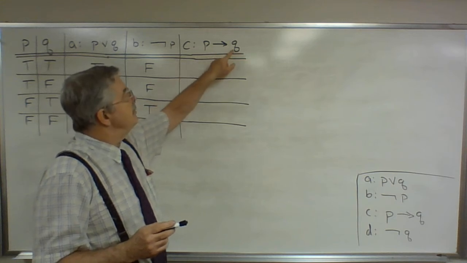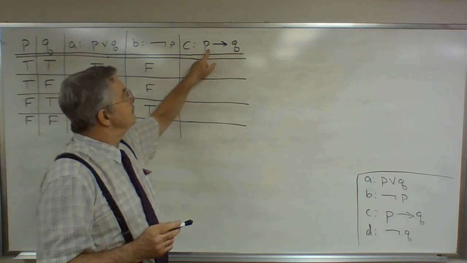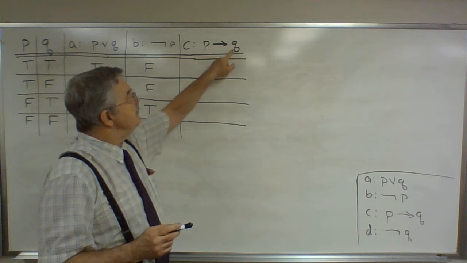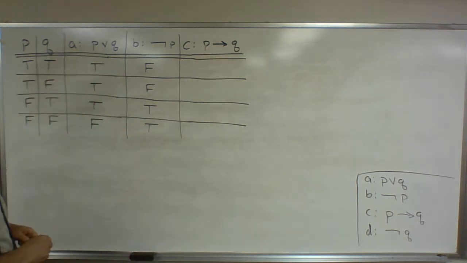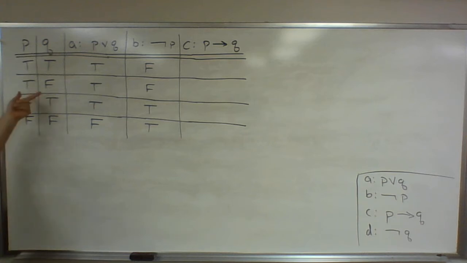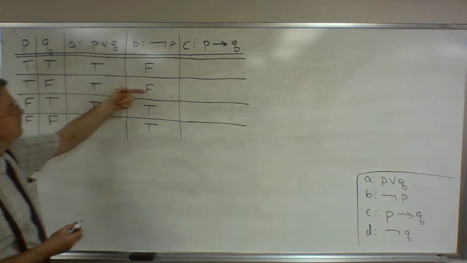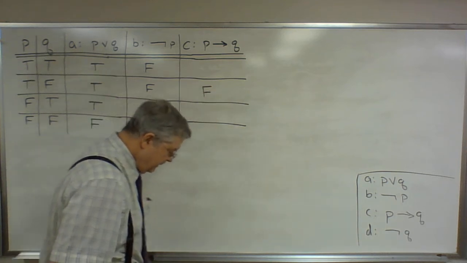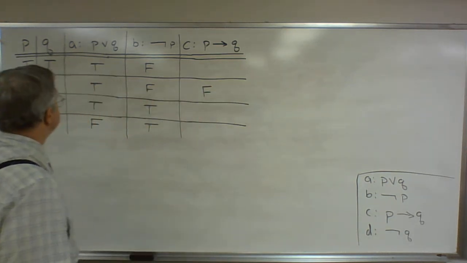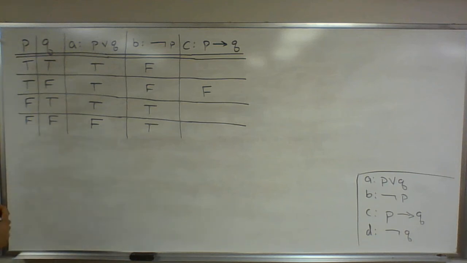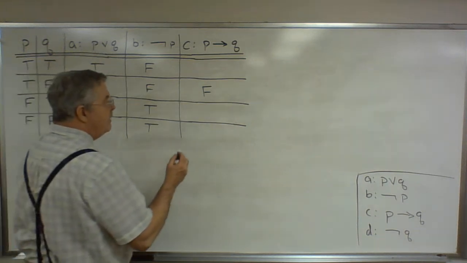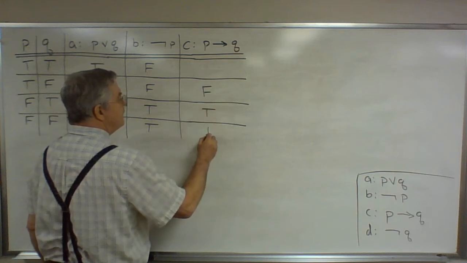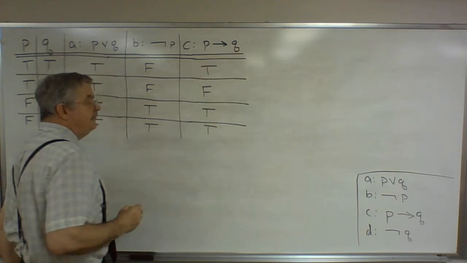A true implying a false. So we look for P true and Q false. Does that happen? Yeah. Right here it happens. This is the only time that it happens. P true, Q false. So under those conditions, it's false. For every other set of circumstances, every other possible combination of truth values of P and Q, this thing is true.